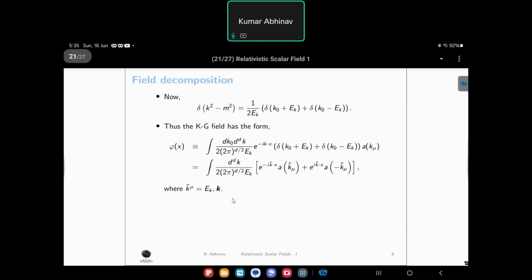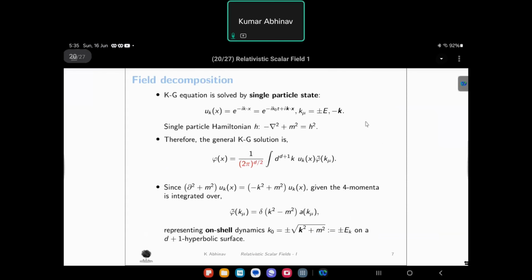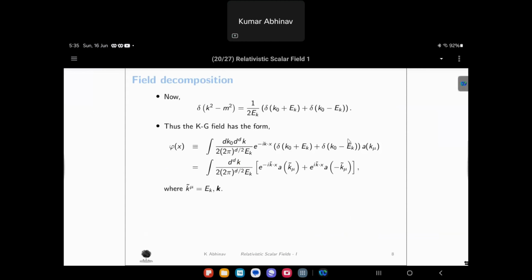Yes, so k naught had the time component to be E. Here you can see the k naught was plus minus E, but for k tilde, k tilde naught is E_k. So E_k is the energy with momentum k, so E_k is dependent on k.